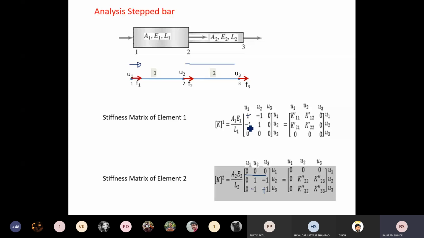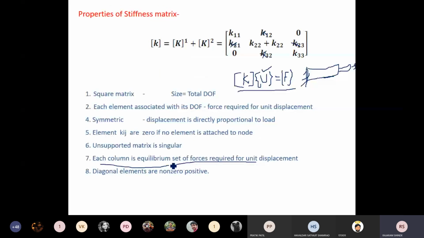What is the addition of this column? It is 0. So each column is an equilibrium set of forces required for unit displacement, meaning the addition of columns is 0 in the stiffness matrix. You have to remember this: the addition of columns is 0 in the stiffness matrix.